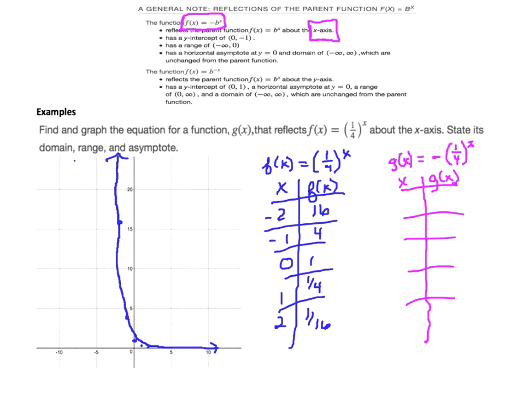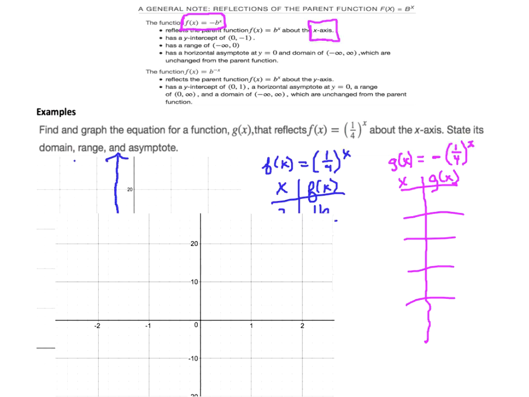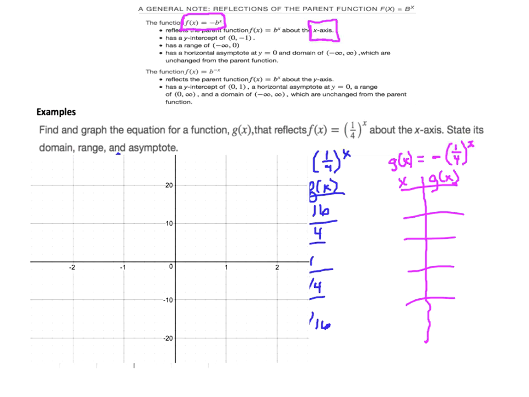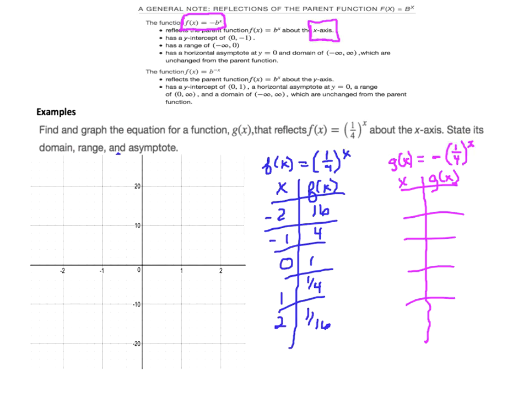Okay, let's come back here and give ourselves a fresh graph to work with. Morphing it a little bit there to fit it.